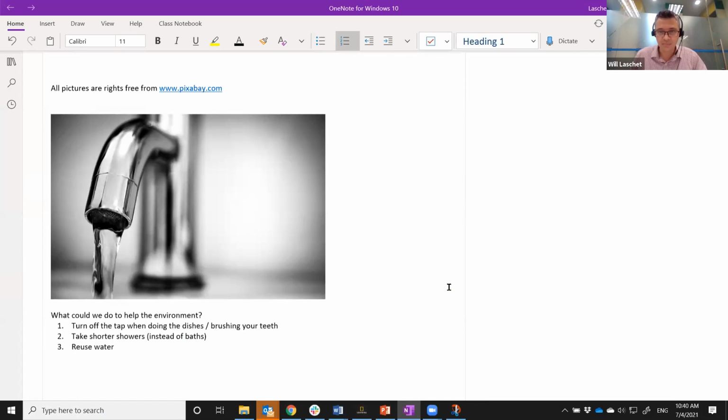Reuse, water the plants. Use an environmentally friendly toilet, right? So use the short flush on the toilet if you've got one of those toilets. Use eco mode on the washing machine. Perfect. There's lots of great answers here.